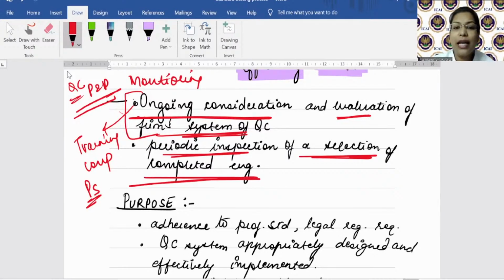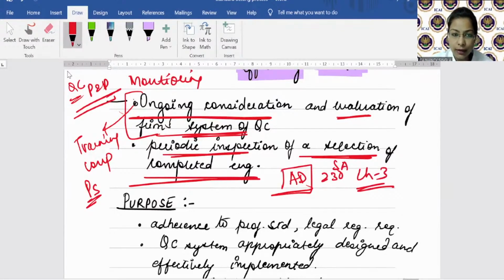I told you that audit documentation we will be doing in SA 230 in detail in chapter number 3, है ना. तो पहला पॉइंट कहता है मॉनिटरिंग कैसे करो, आप साइड बाय साइड मॉनिटर की तरह देखते रहो कि सब कुछ ठीक चल रहा है या नहीं, तो partners will see that, ठीक है.